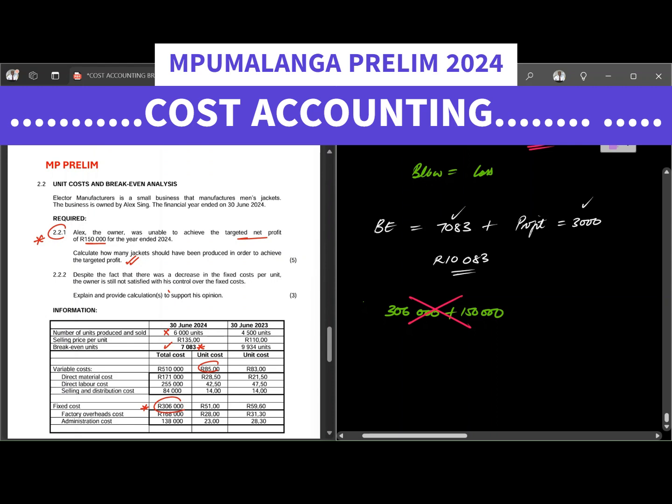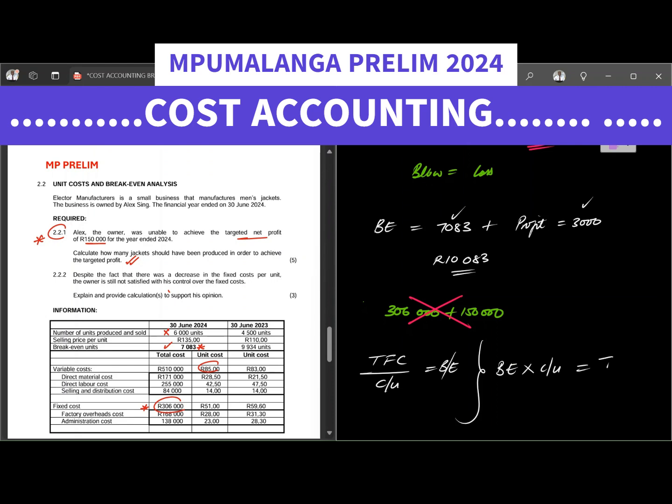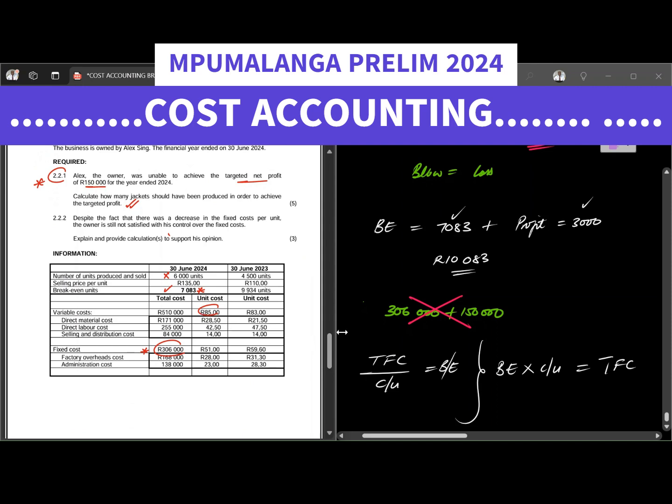For me to calculate the fixed cost for the intended profit, I use the break-even point that I want to achieve. Remember, to calculate break-even point, we say total fixed cost over contribution per unit is equal to break-even in units. So if I'm given the break-even in units and I multiply that by my contribution per unit, it must give me the total fixed cost. My intended break-even is 7,083.